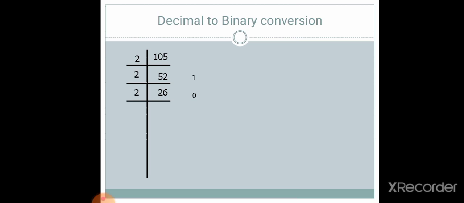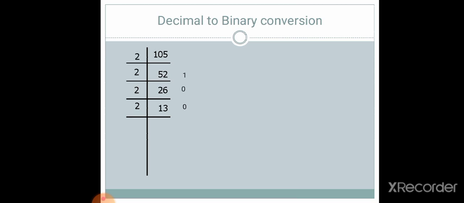That remainder we have to write in front of 26. Again you have to divide that 26 by 2. So 26 divided by 2 is 13. 13 2s are 26, so again your remainder for the division is 0. You have to write that remainder in front of 13.